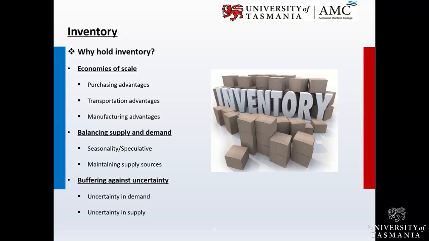So we need to balance the inventory level and customer service. So for each company, they would like to keep a certain level of inventory to balance supply and demand and against uncertainty.